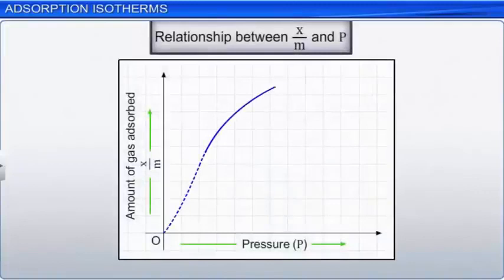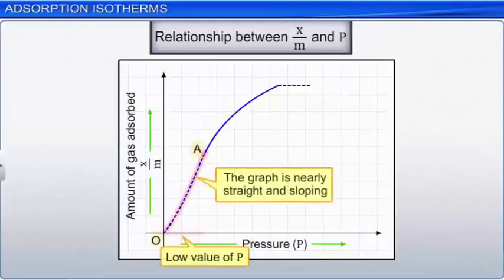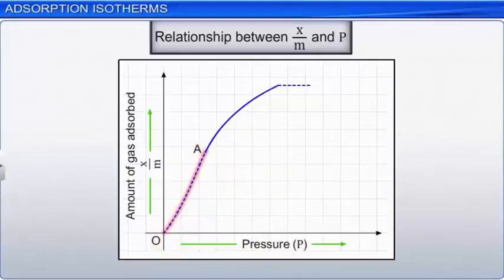If you look at the curve carefully, you will observe that at a low value of equilibrium pressure, part OA of the curve is nearly straight and sloping. Therefore, for part OA of the curve, the relationship between pressure and quantity adsorbed can be represented by the equation x/m is directly proportional to p^1.